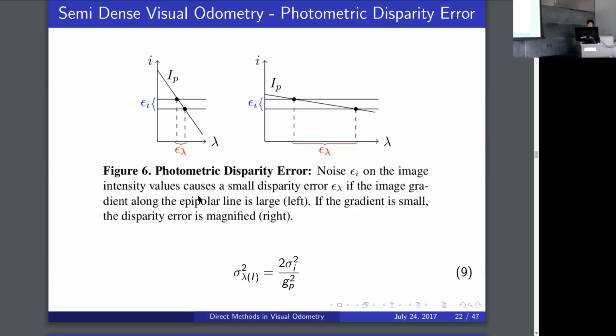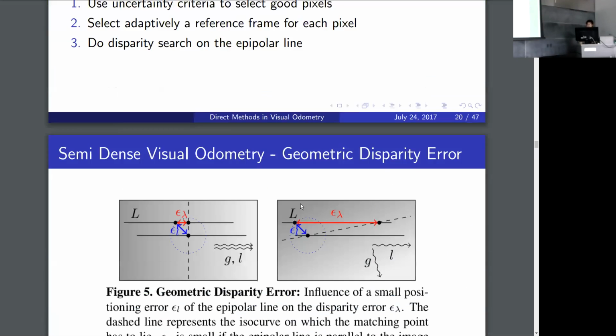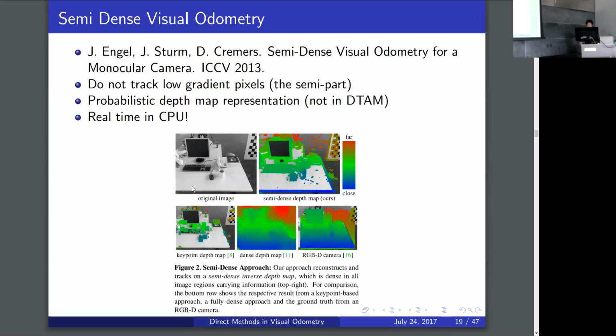So it encourages large intensity gradients over small image gradients. For example, if you were looking at a table, it's really hard to do an epipolar line search for the same pixel if the image gradient is the same.